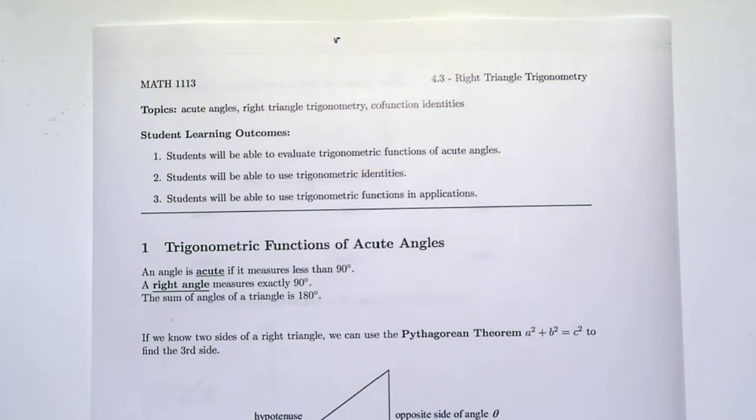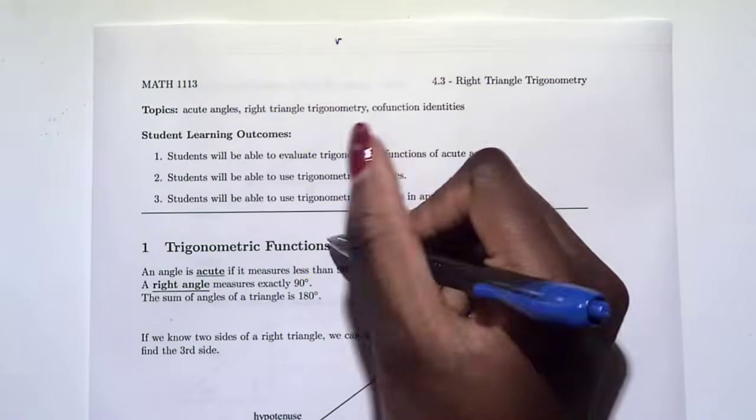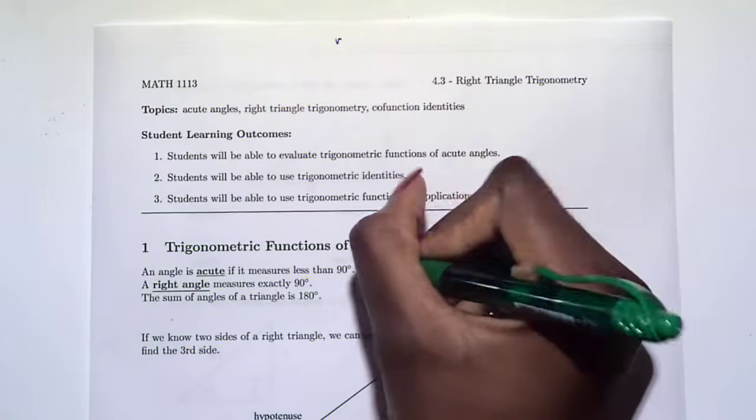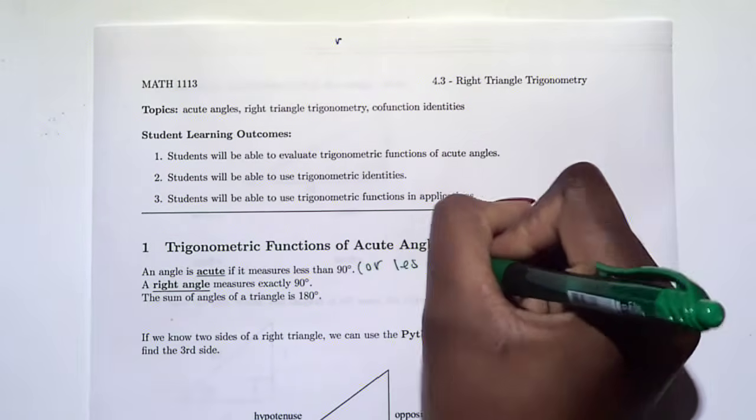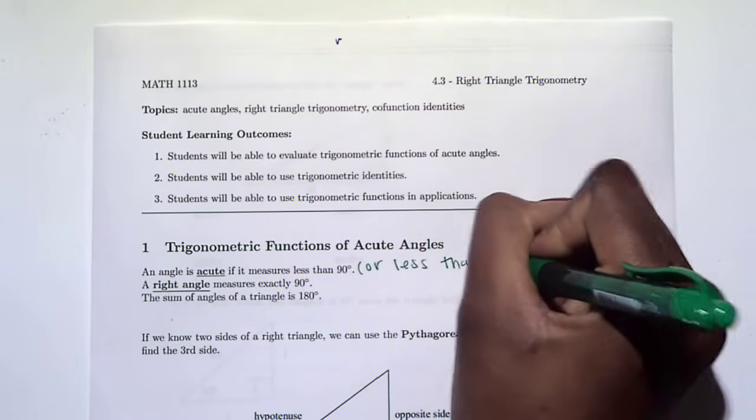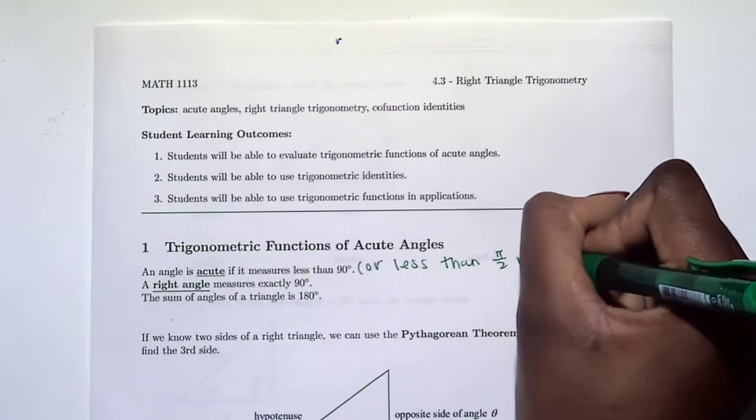Alright, so the first thing we're going to talk about is trigonometric functions of acute angles. If you remember, an acute angle is an angle that measures less than 90 degrees, or less than pi over 2 radians.